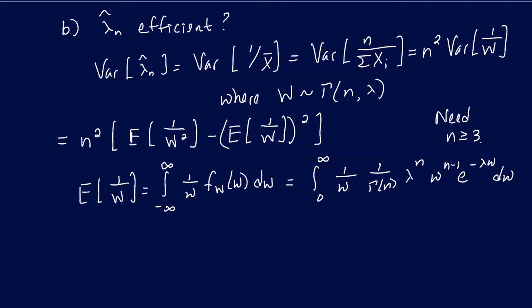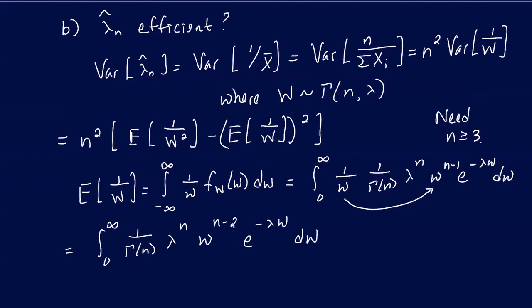So to do this, I'm going to bring the 1 over W in with the W to the n minus 1. This is the integral 0 to infinity, 1 over gamma of n, lambda to the n, W to the n minus 2, e to the minus lambda W, dW.